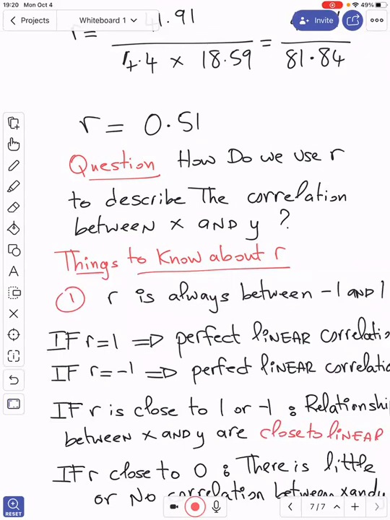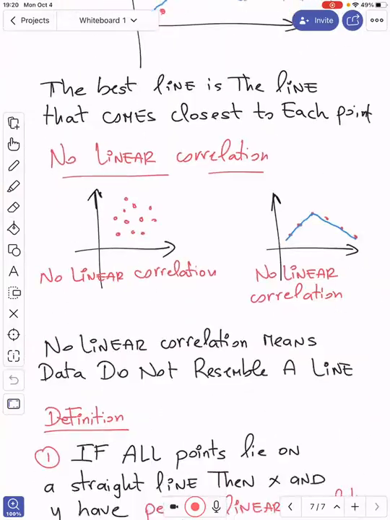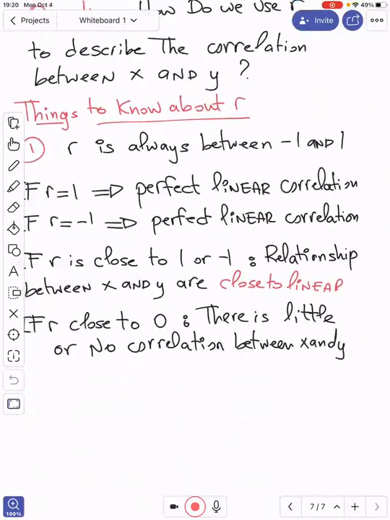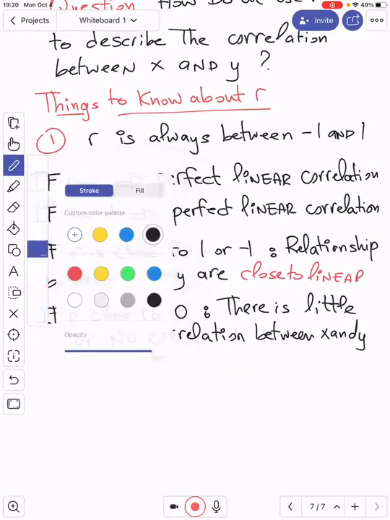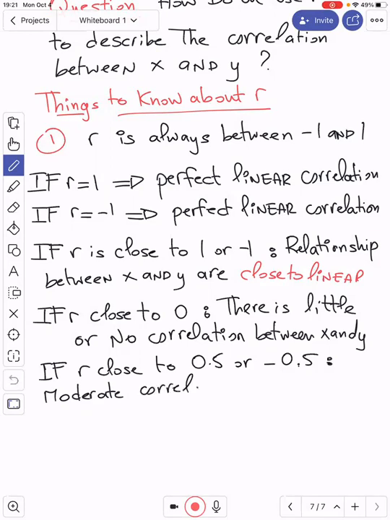So if R is close to 0.5 or -0.5, then you have a moderate correlation between X and Y.